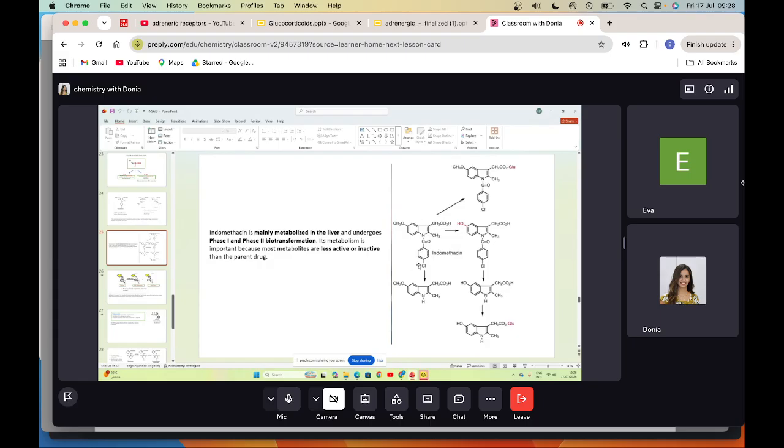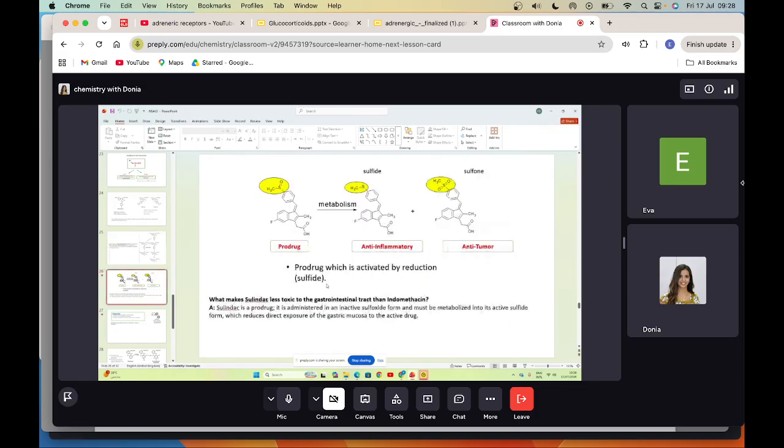This indomethacin undergoes several metabolic pathways, and all the metabolites are less active or inactive. For sulindac, it's a prodrug. It's not active. It should be activated by metabolism, by reduction to give me the sulfide, which is the one having the anti-inflammatory activity.